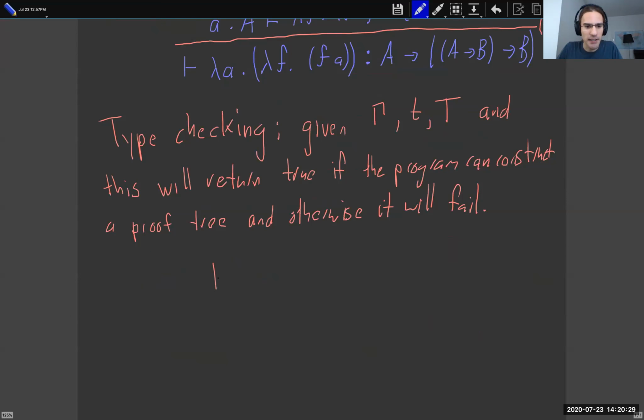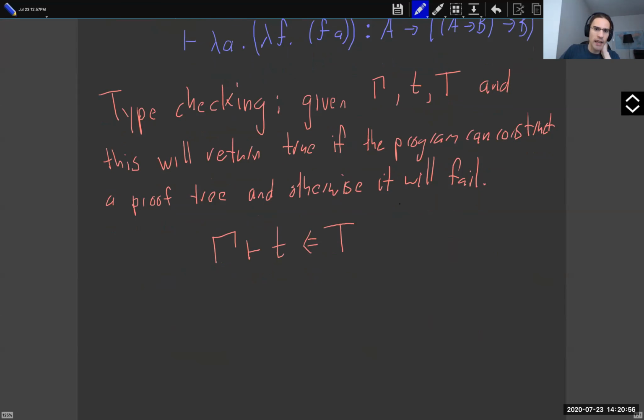We write the sequent that we're trying to verify: in context gamma, t is a proof of T. And we write the following symbol, a one directional double bodied arrow. So this is how we write the type checking problem.